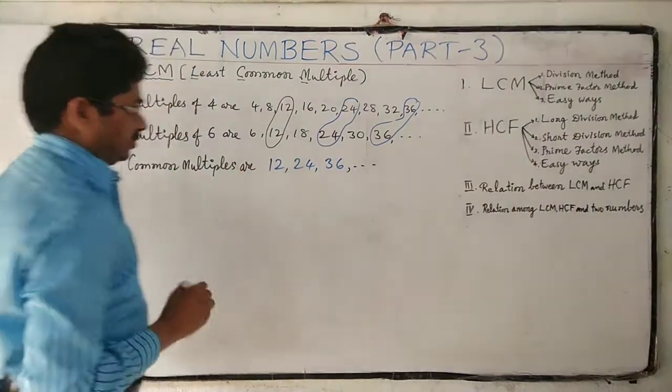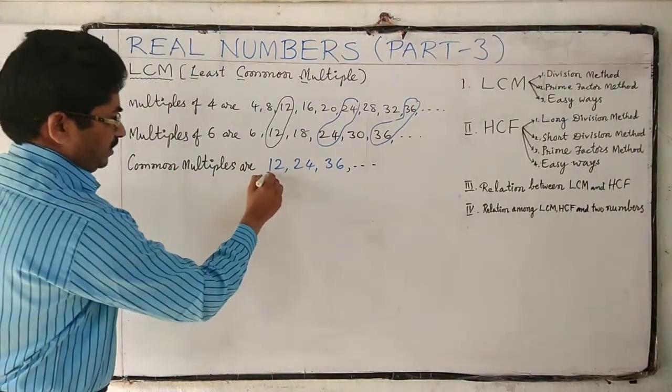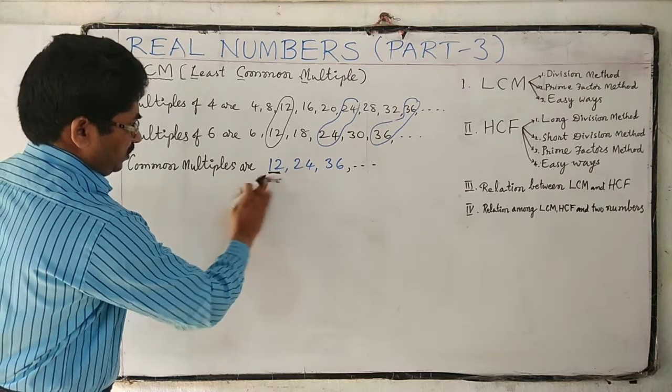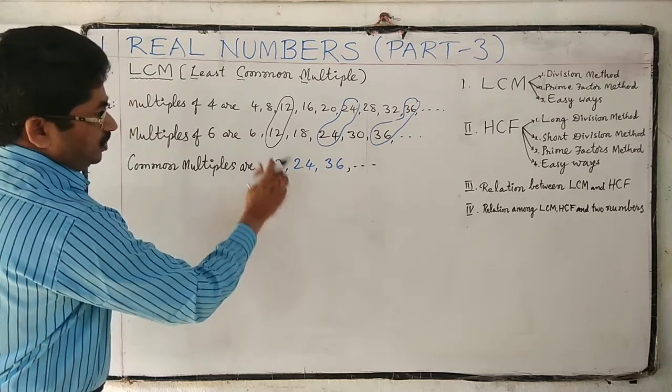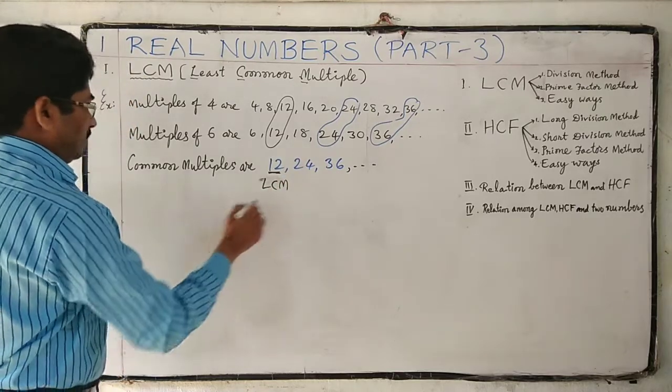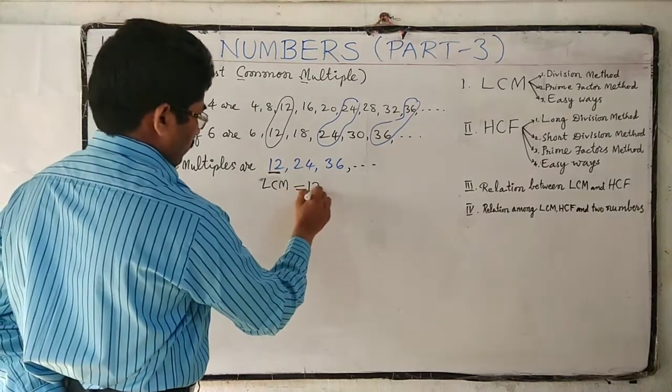In this, what is the smallest? 12 is the smallest. This is the least. So this is called least common multiple, LCM. LCM is 12.